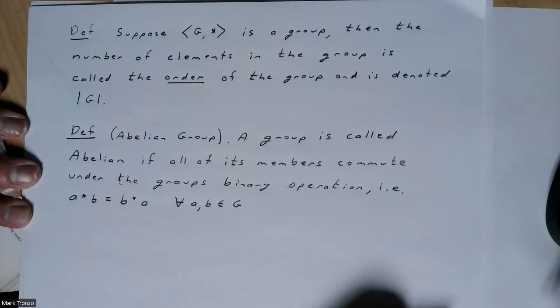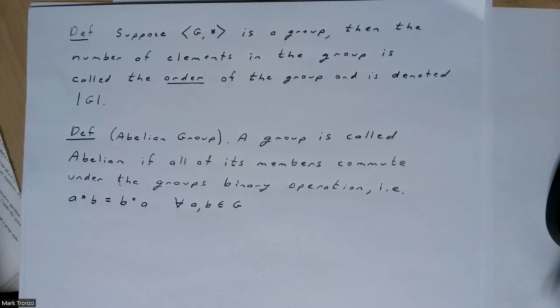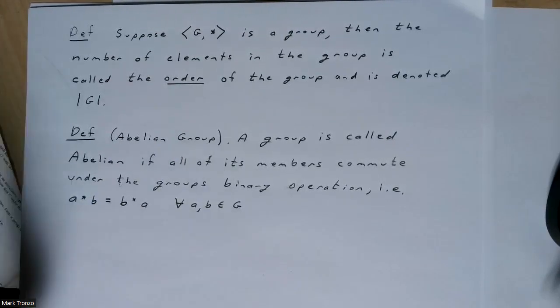So for all elements in the group, they commute under its operation. If that's true, the group is called an abelian group.